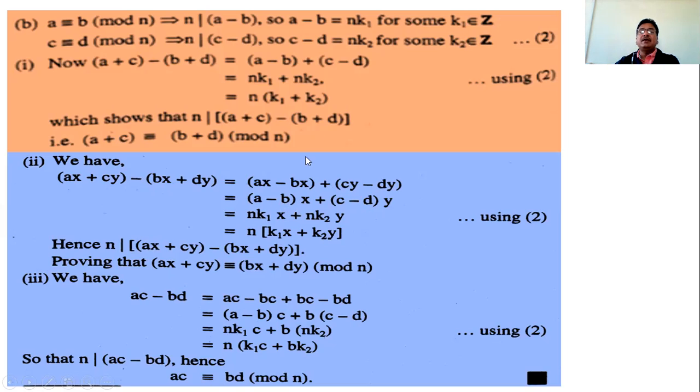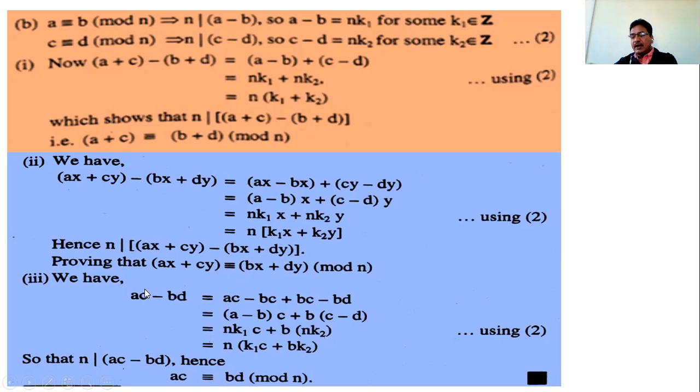The value of a − b, by using the assumption, is nk1, and the value of c − d is nk2. Substitute that value, and then take n as common. We have k1x + k2y, where this k1x + k2y is an integer. So (ax + cy) − (bx + dy) is expressed in the form n times some integer, which implies n divides (ax + cy) − (bx + dy), and therefore ax + cy is congruent to bx + dy modulo n.